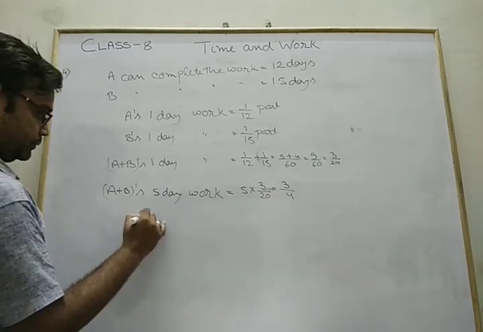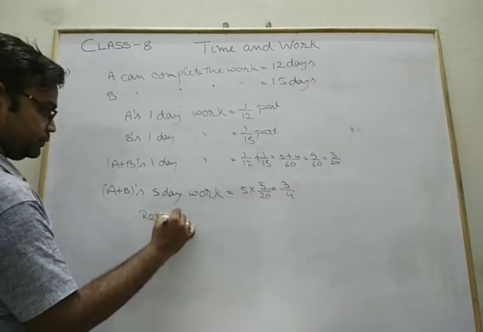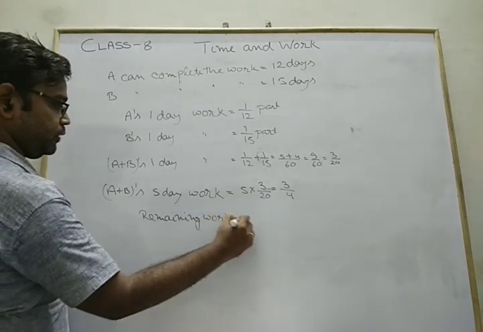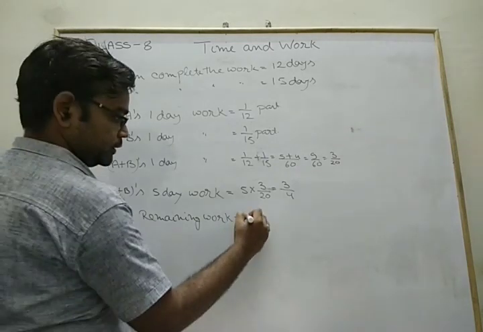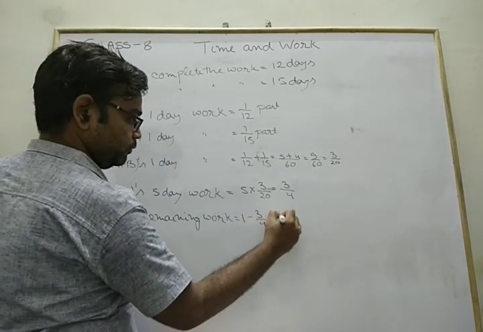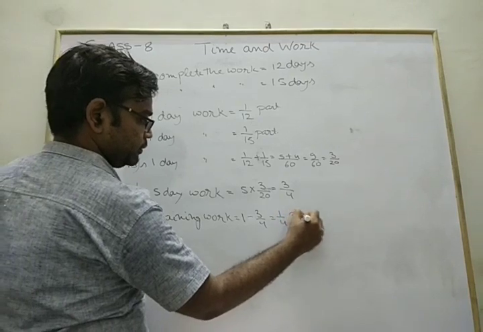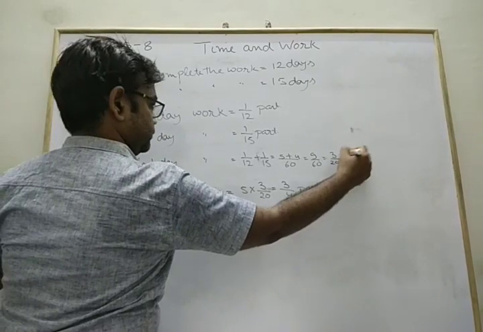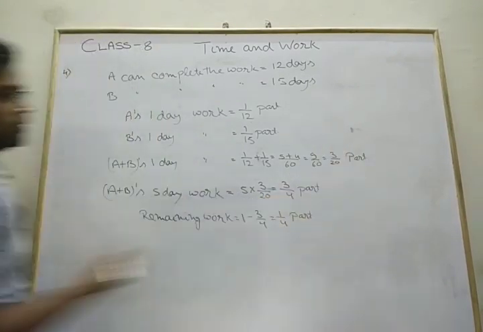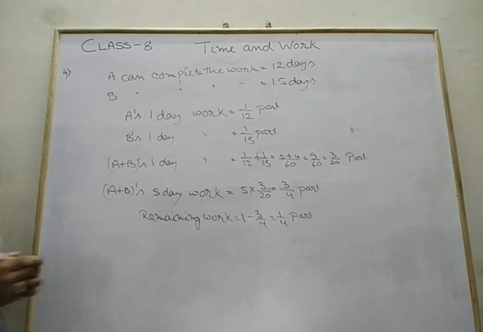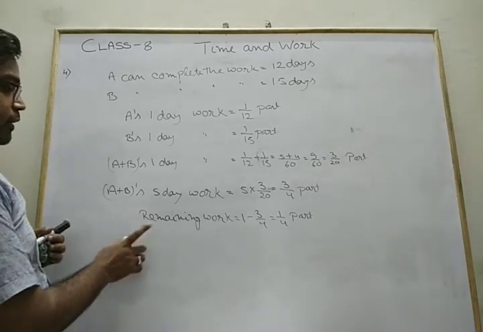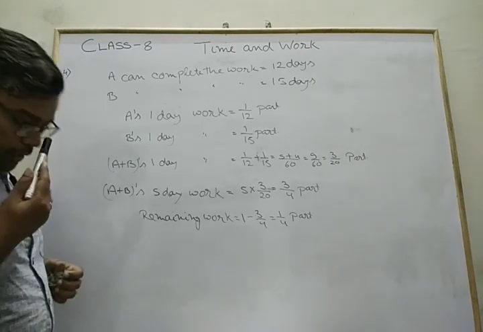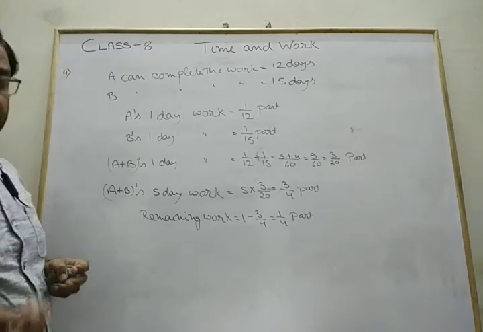Now the remaining work equals 1 for the complete work minus 3 upon 4. It's a 1/4 part of the work that is remaining. Remaining work is 1/4 part. The question says that this remaining work A can complete in how many days?